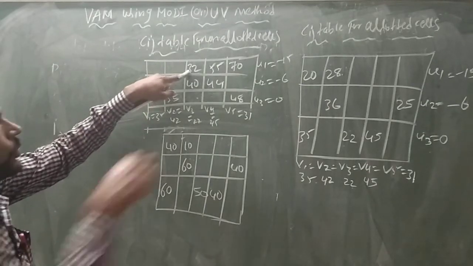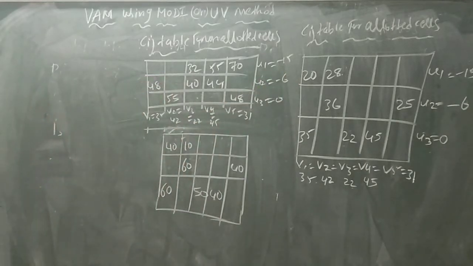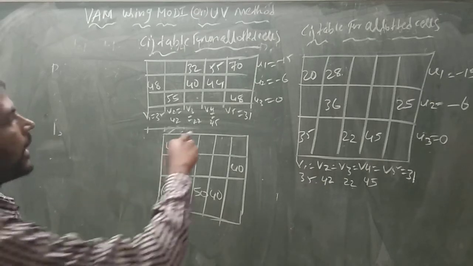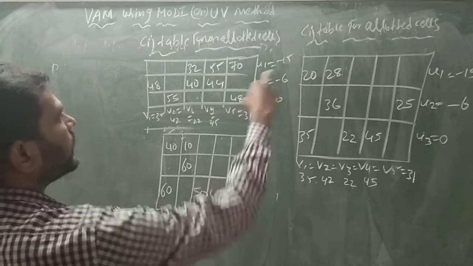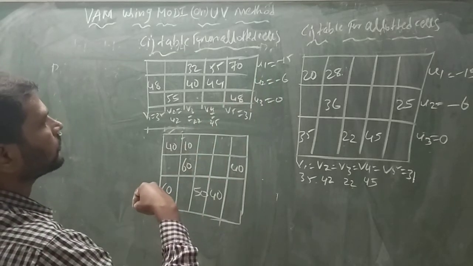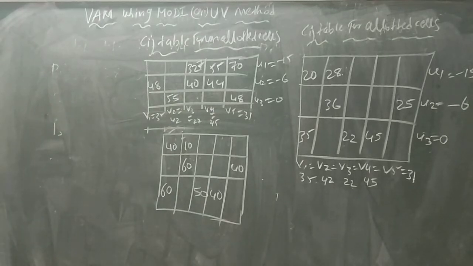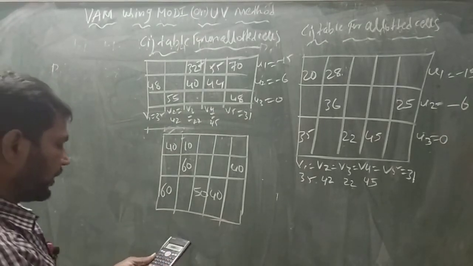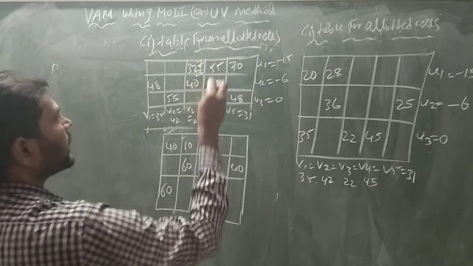In this 32, the row is minus 15, the column is 22. So I add this value, 22 minus 15 is 7. So 32 minus 7 is 25. Next one is 55.